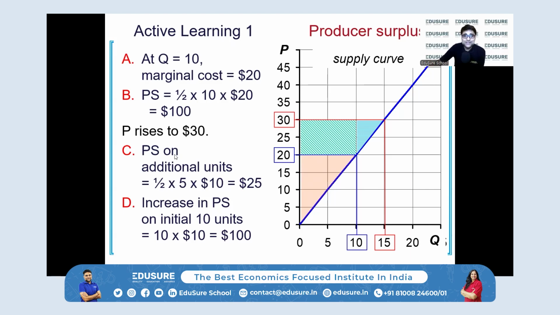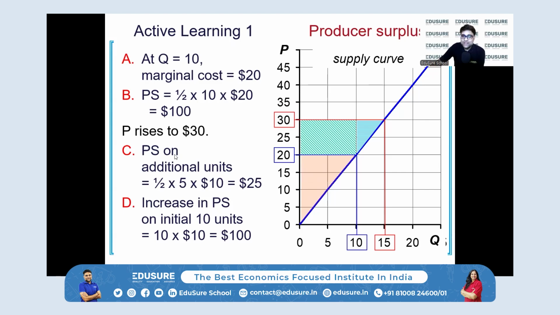Producer surplus, just like the consumer surplus, contributes to the overall economic efficiency of a market. So, together, the consumer and the producer surplus give us a good understanding of the working and the efficiency of a market. Okay. And together, they reflect the total benefit that the society gets from trade.